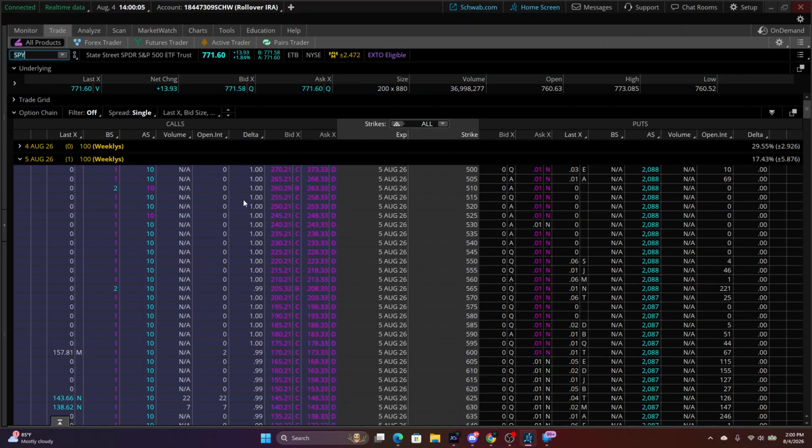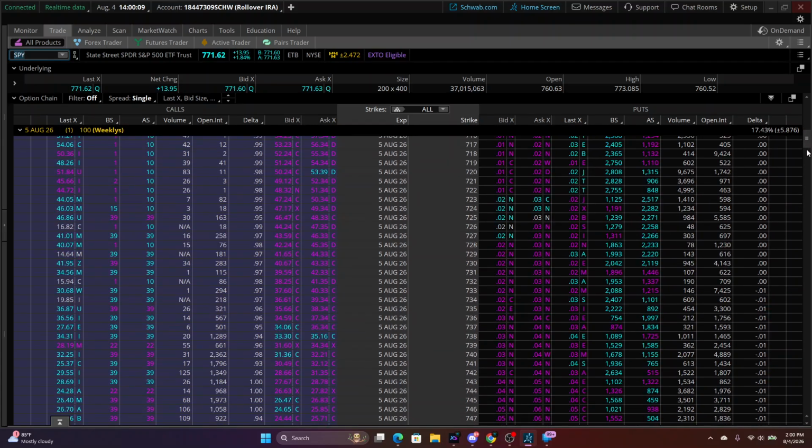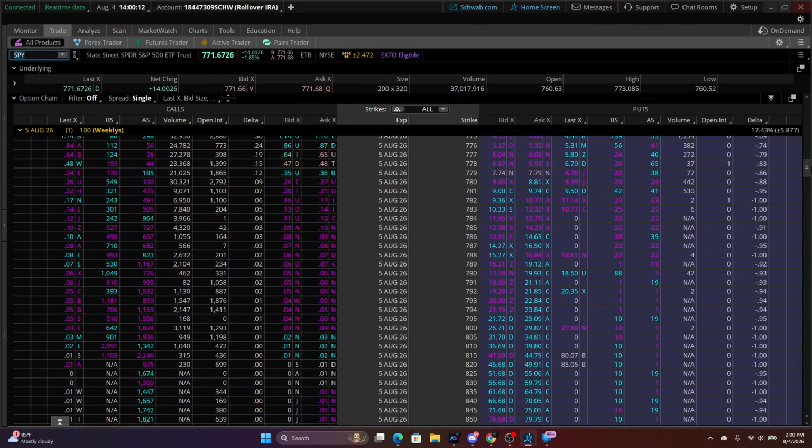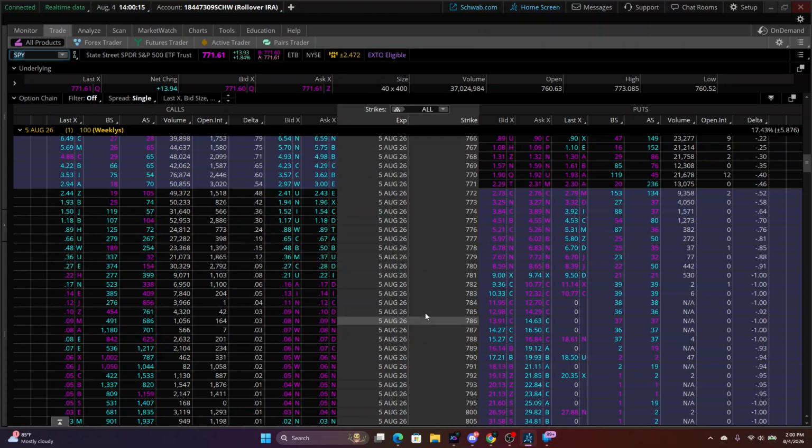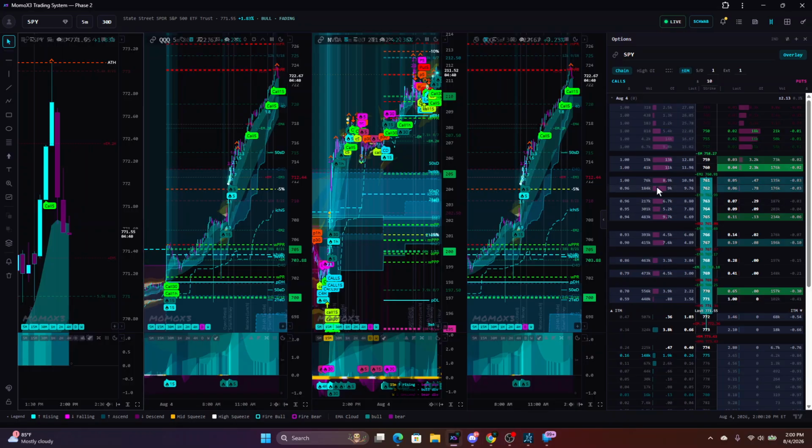See, this is delta, OI and volume. My eyes are just accustomed to looking at this. Whereas if I'm looking at this, this is in the money. It's confusing.